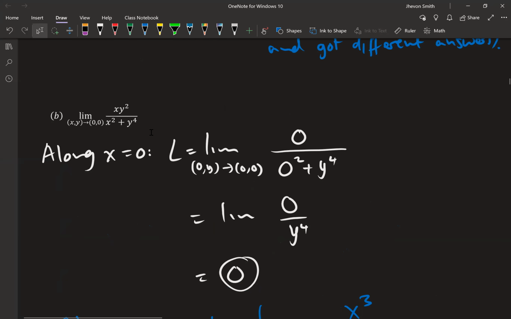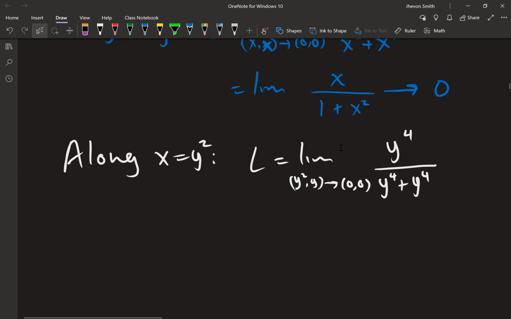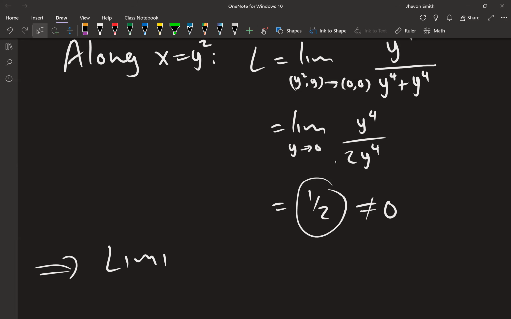So I just picked a path that's going to get the powers to be the same. You could choose y equals the radical of x, or you could choose x equals y squared. The result is going to be the same. The denominator will now have two terms with the same power of a single variable. So this is effectively the limit as y goes to 0 of y to the 4th over 2y to the 4th, and we see that that is a half, which is not 0. This means the limit does not exist.